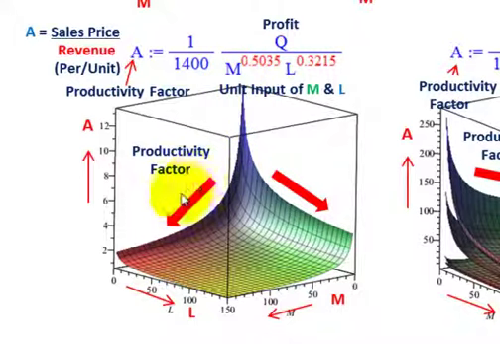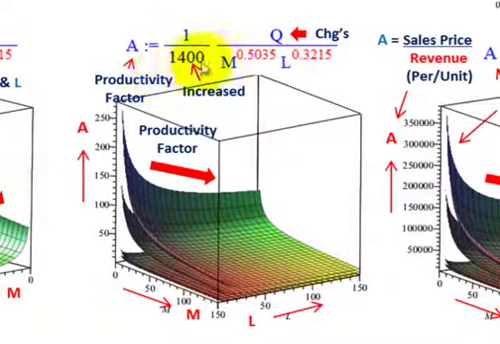So you can see your productivity factor is decreasing as you increase your inputs for labor and material. Your productivity factor is going down. All right. And then if we move over here and look at where we change our profit, Q, we can manipulate our inputs again as far as our M and labor.